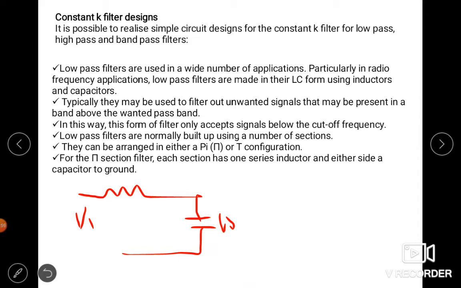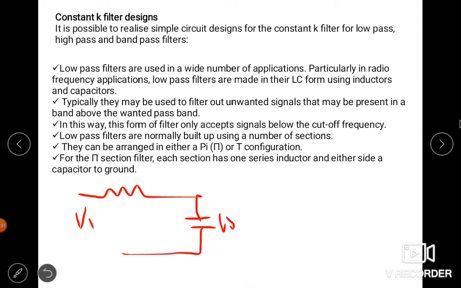If we want to filter out the unwanted signal that may be present in the band above the wanted pass band, then what do we have to do? This form of filter only accepts the signal below the cutoff frequency, and is normally built up using a number of sections, either pi or T. Further, we have discussed the pi filter or T filter.